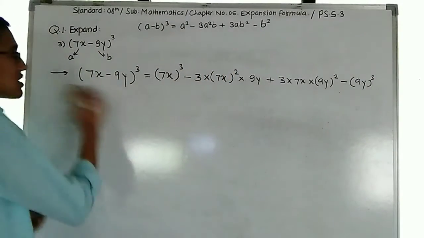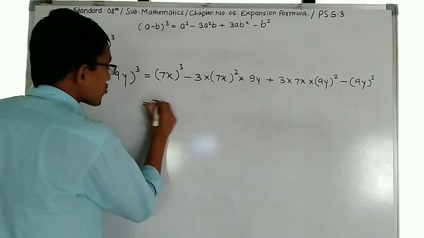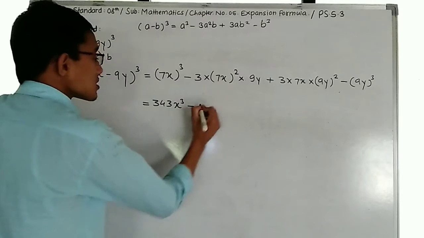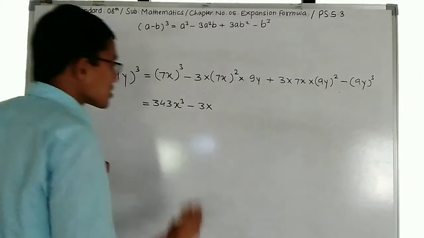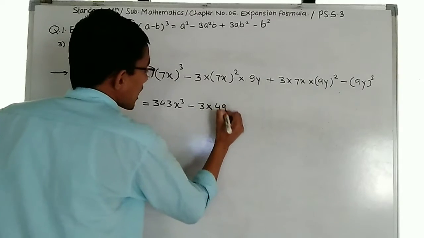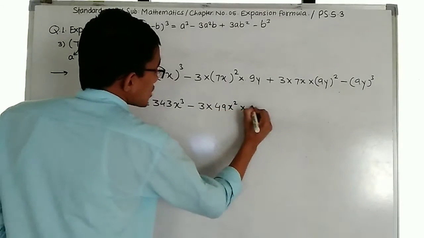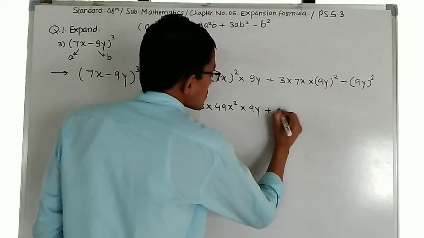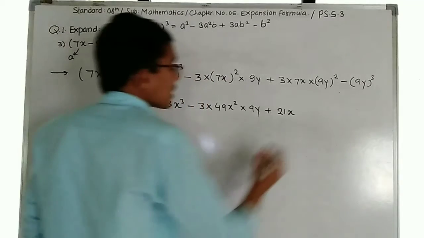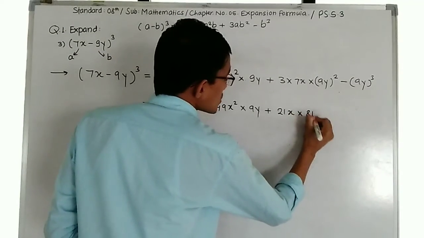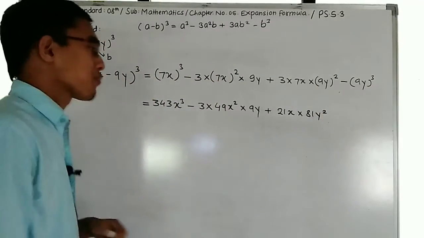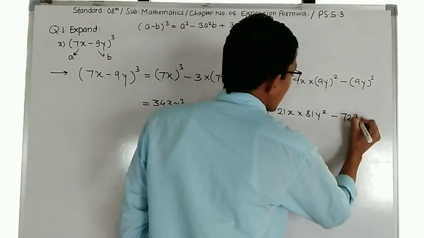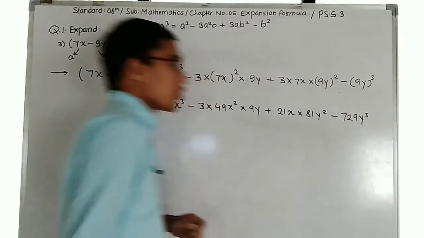Then we will simplify it. What is the cube of 7? It is 343, so 343x cube minus 3 into (7x) raised to 2, that is 49x square, into 9y, plus 3 into 7, 21, so 21x into, what is the square of 9? It is 81, so 81y square, minus, what is 9 cube? It is 729, so 729y cube.